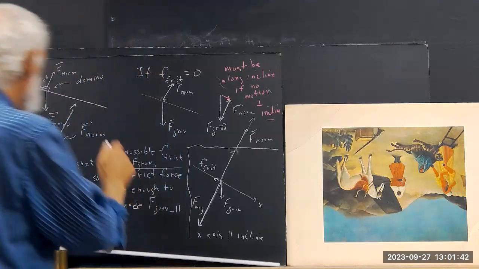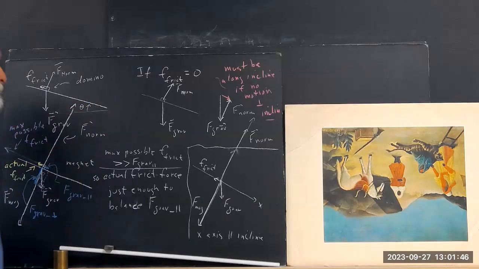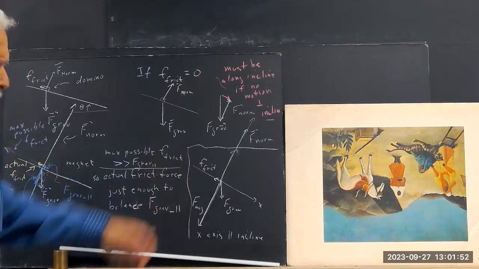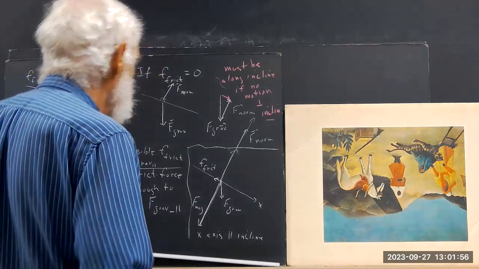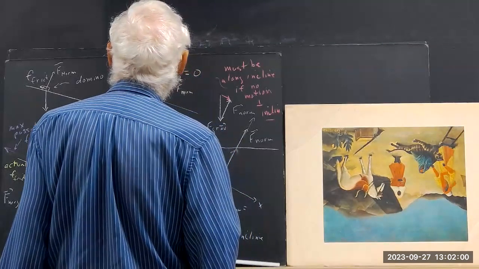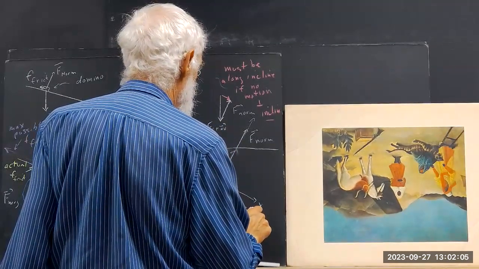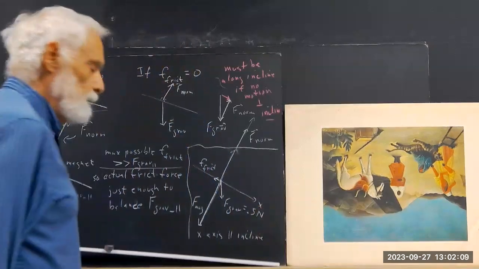If this angle is theta, and my question is, how big is the friction force? And let's say force of gravity is about 5 newtons.